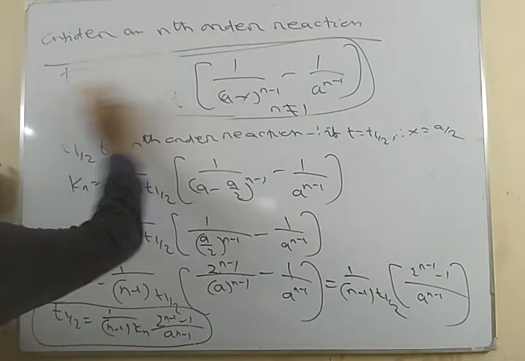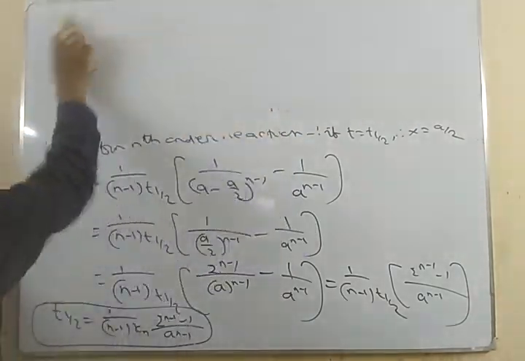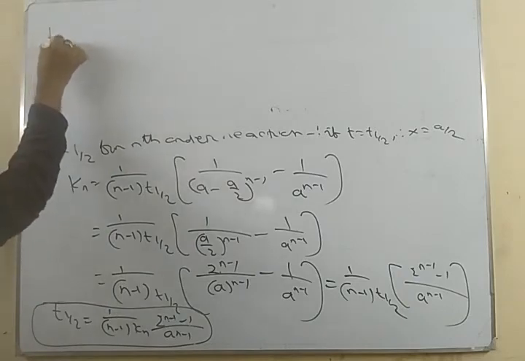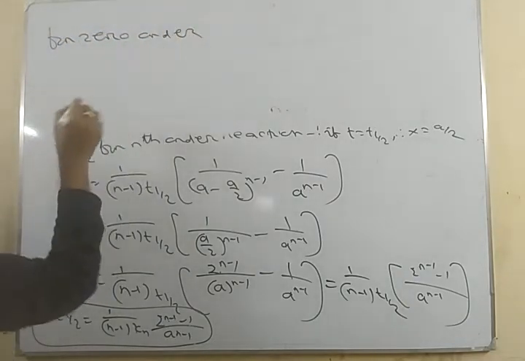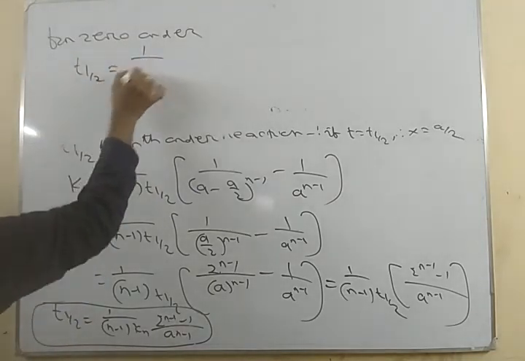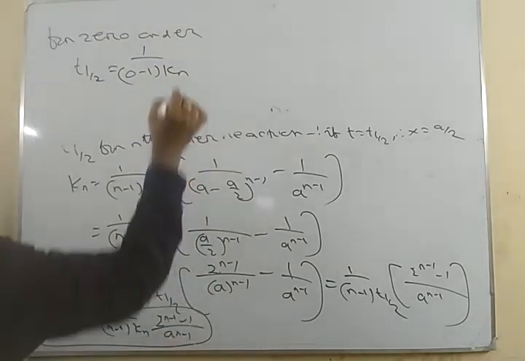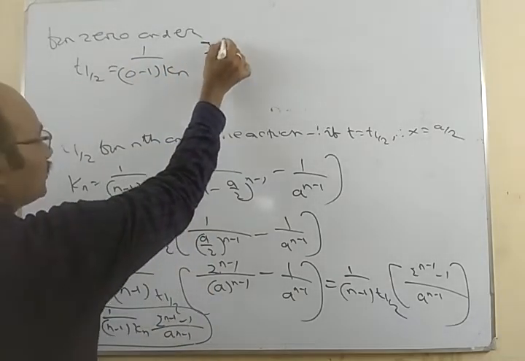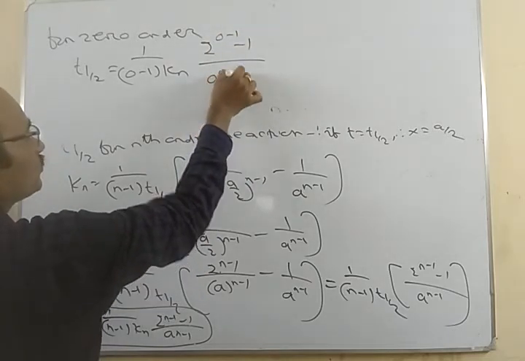If I take zero order, T half is equal to 1 by 0 minus 1 into k into 2 power 0 minus 1 by a power 0 minus 1.